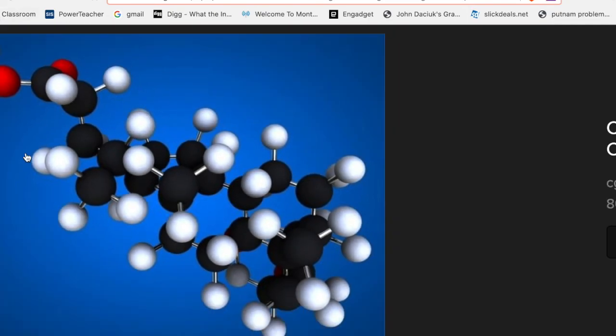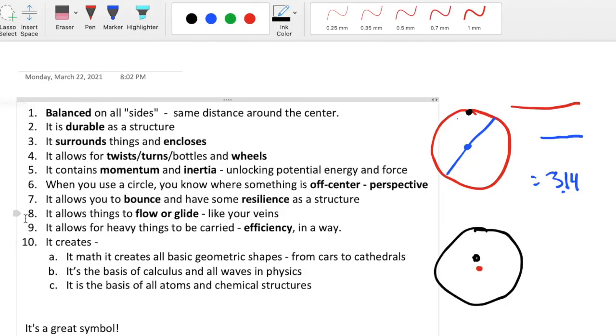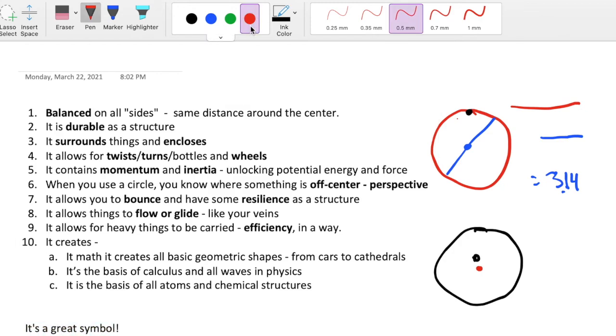So if the circle isn't important to you and you're made all out of it, I don't know what else I could do to convince you. But the circle is a very neat shape, and like it says down here below, it's great. So I see the circle everywhere, and if only once or twice a day I could think, wow, the circle symbol is something I could use to create stuff, and it's also something that used to mean the Creator, and maybe I need to remember that.